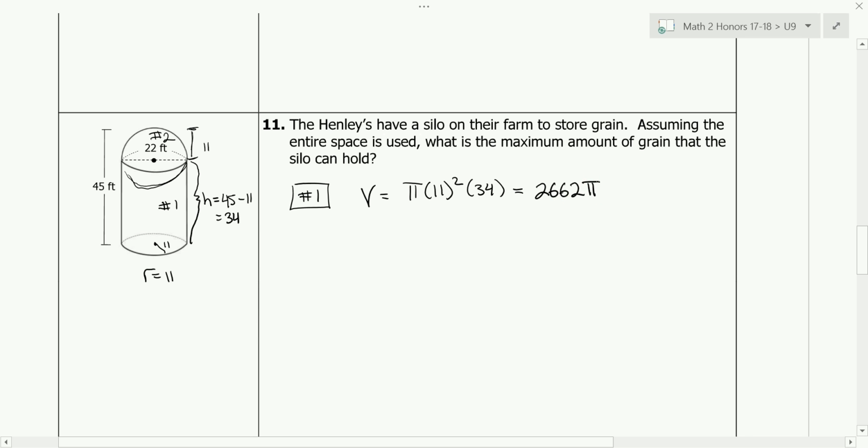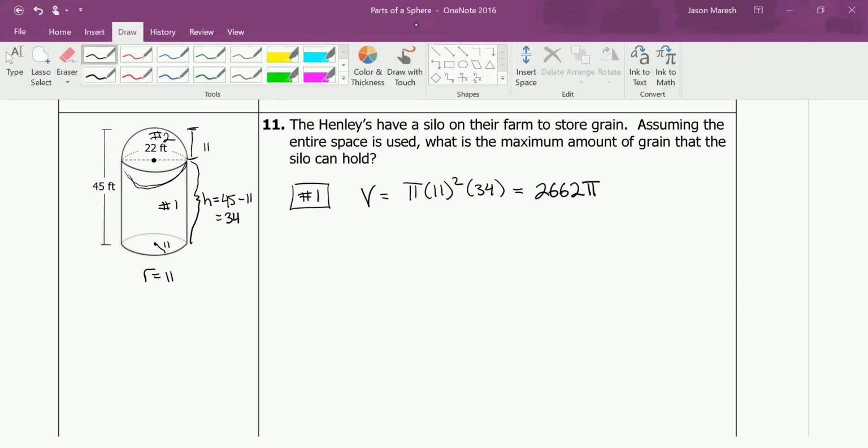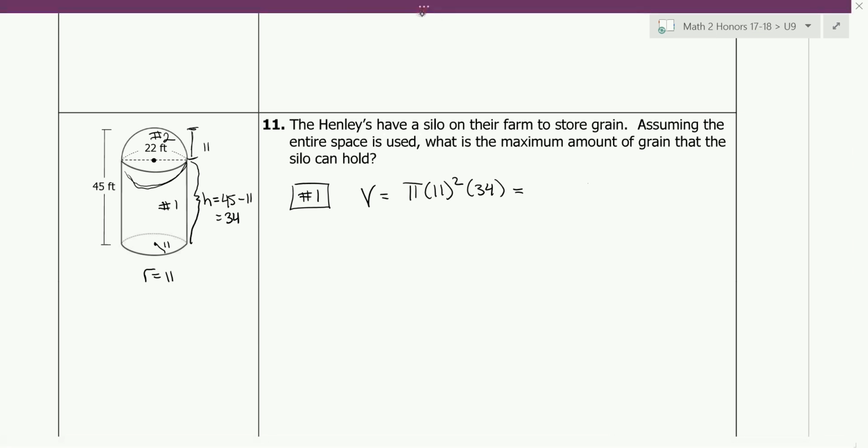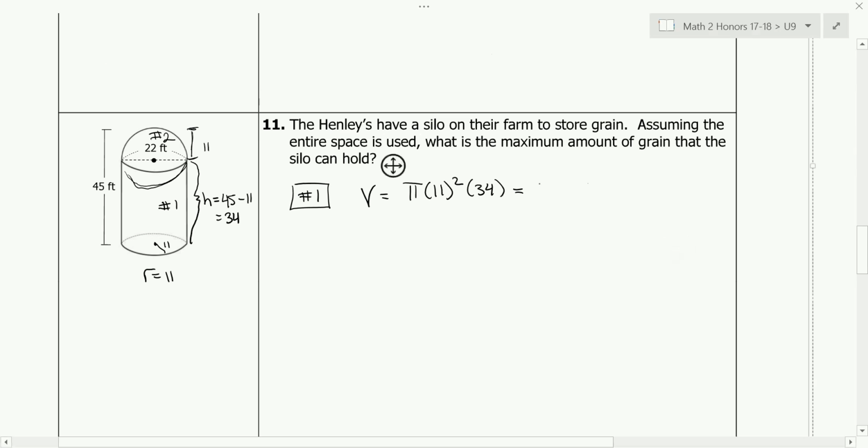We're just doing figure number 1. Oh, we got it wrong? Okay. So what is 34 times 121? 4,114 pi. And cubic feet.